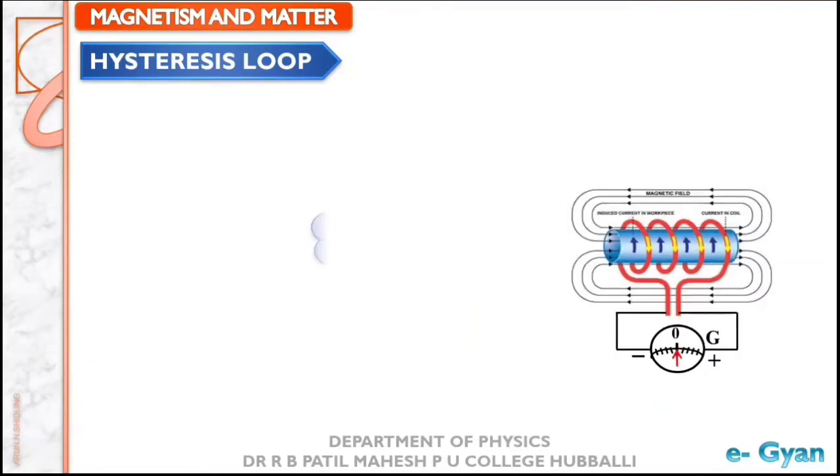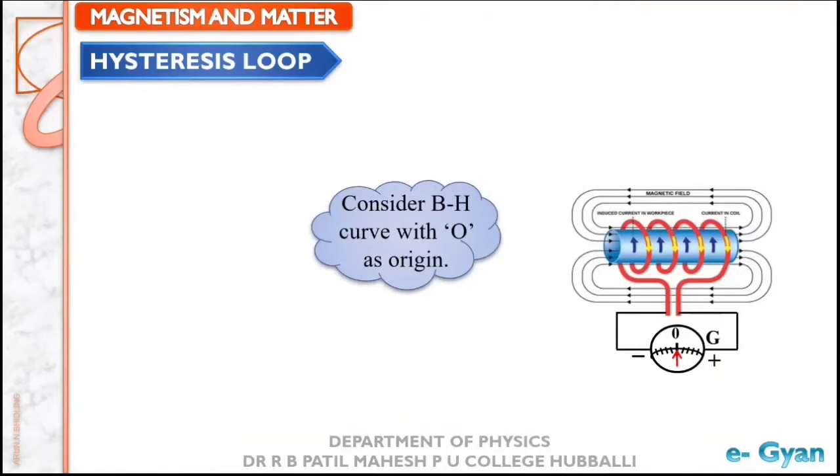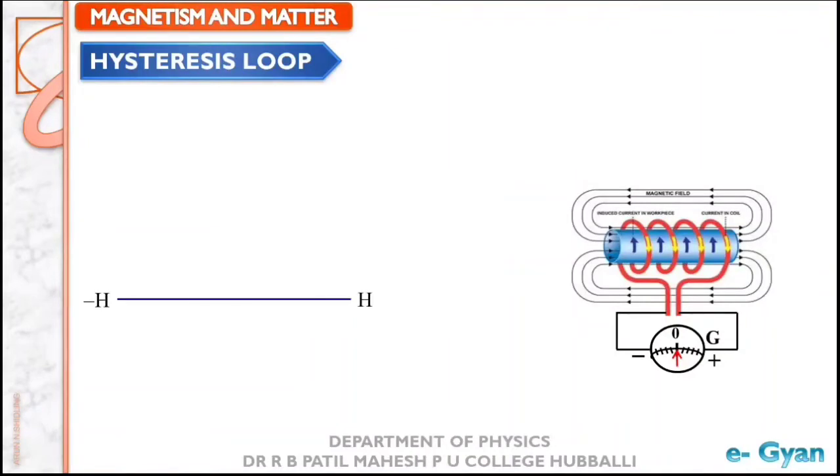Moving ahead, let us now take a BH graph with origin O. On the x-axis we have H, the magnetizing force. On the y-axis we have the magnetic induction B of the ferromagnetic material, that is iron.